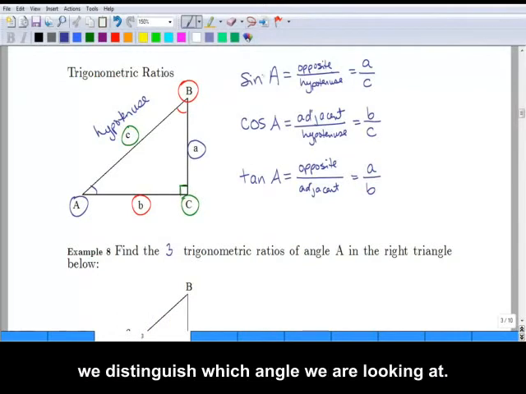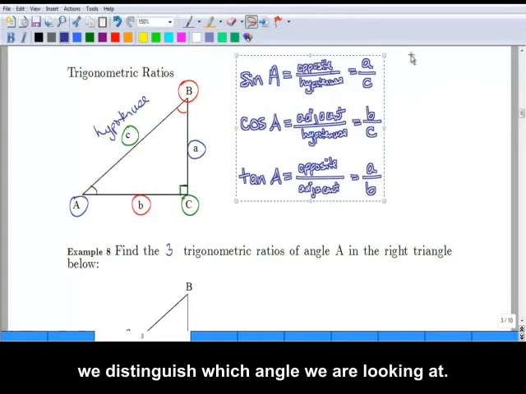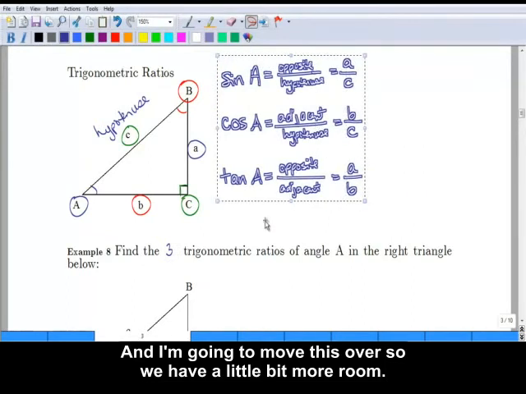Now, as I mentioned, it is very important that we distinguish which angle we are looking at. I'm going to move this over so we have a little bit more room.